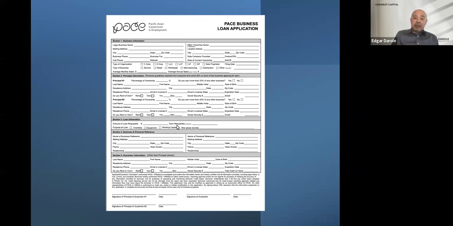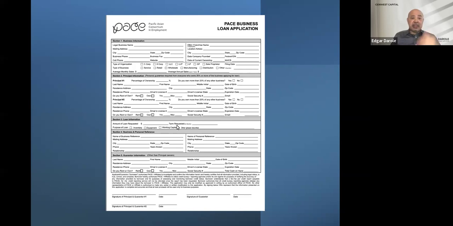Date the company was founded, your federal EIN number, date of current ownership, and then the NAICS code. That can be located in your tax returns, or if you don't have it, you can just Google NAICS code, type in the type of business you have, and it will provide you with the number.